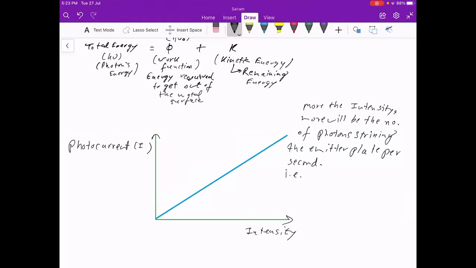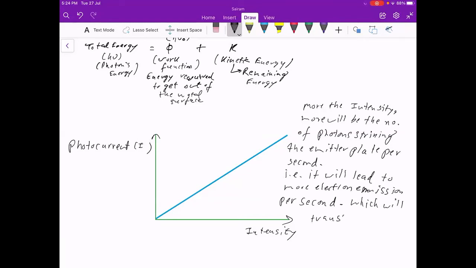That is, it will lead to more electron emission per second, which will translate to more photocurrent.